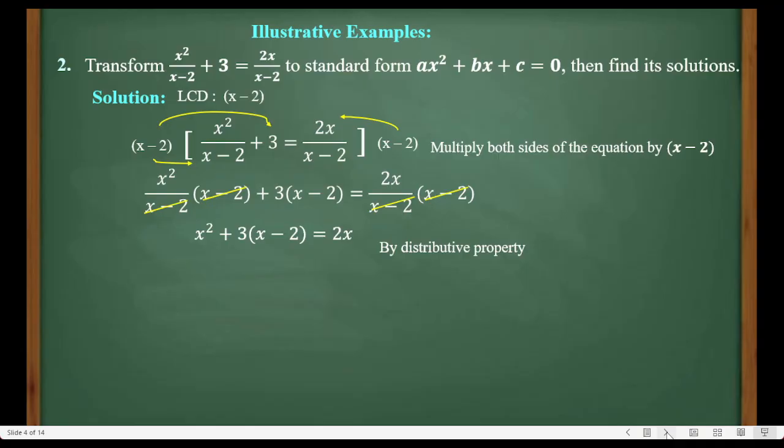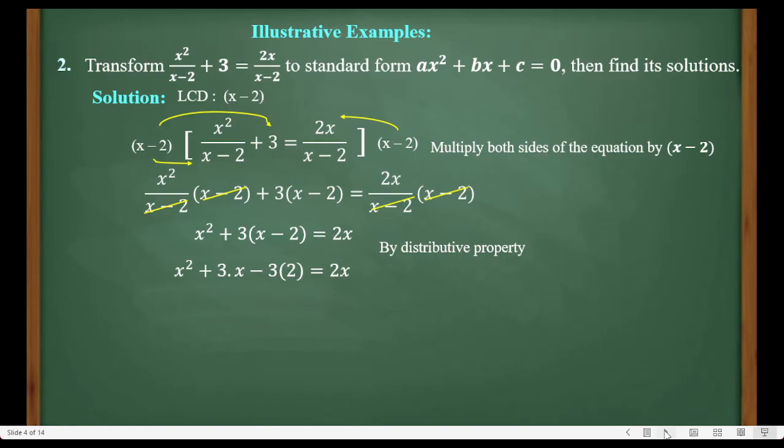Then the next step is we simplify this one, the expression having an opening and close parenthesis, by applying the distributive property, meaning 3 is to be distributed to each term inside this open and close parenthesis. As a result, the left side now becomes x squared plus 3 times x is 3x, minus 3 times 2 is 6, then equals 2x.